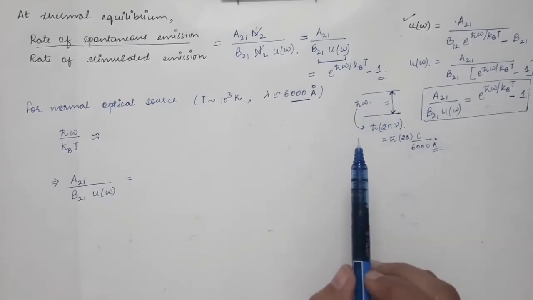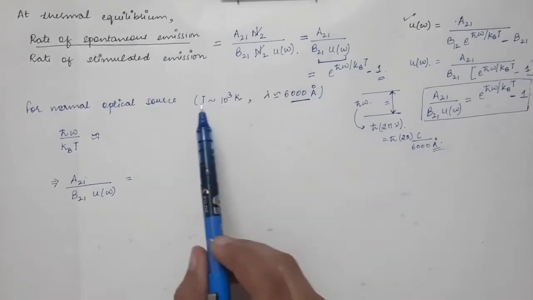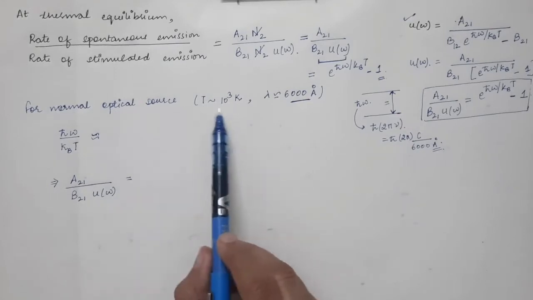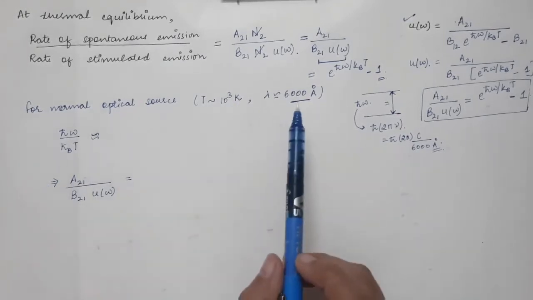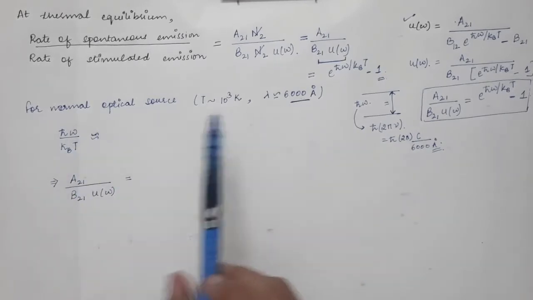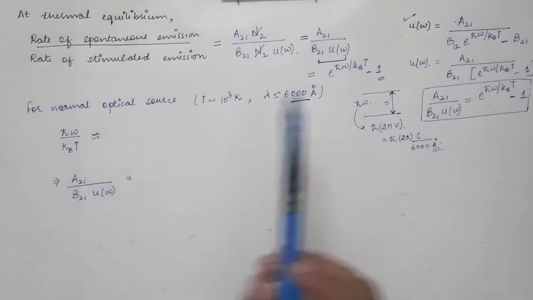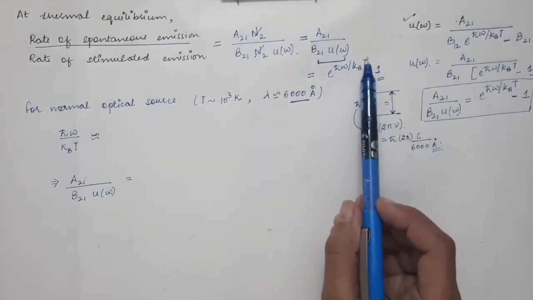So when lambda is approximately 6000 Armstrong and the temperature for normal optical sources is about 10 power 3 kelvins, we will find this factor, h cut omega divided by kBT, separately.